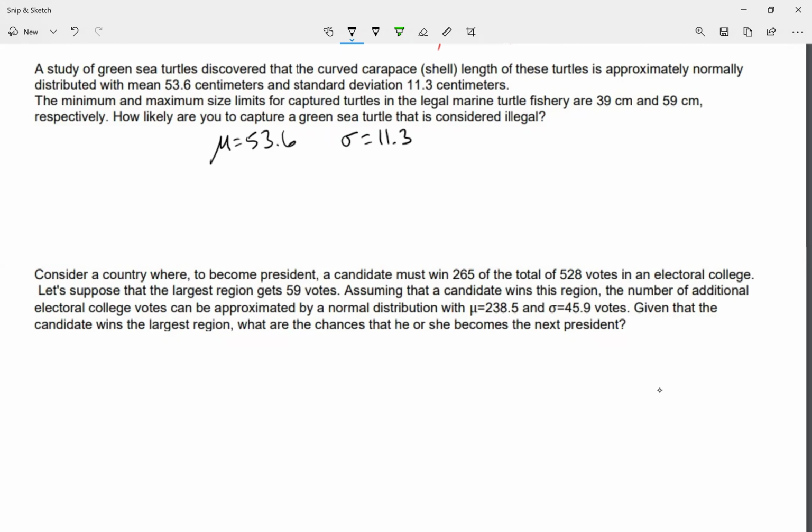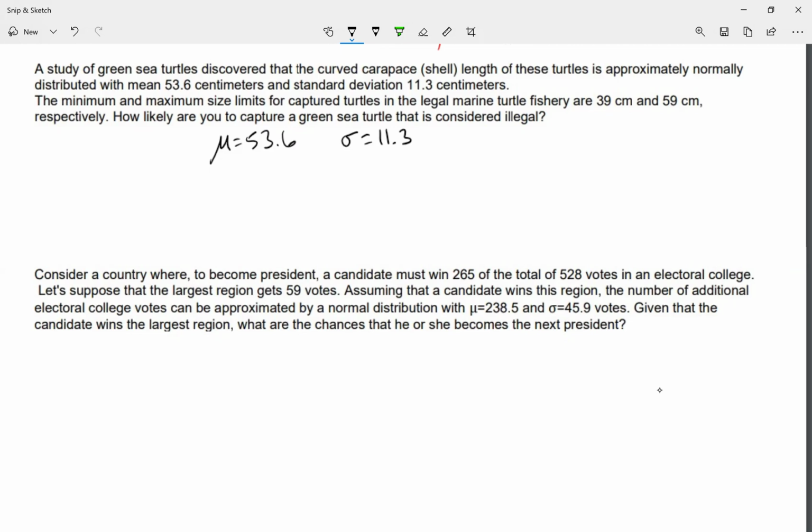The minimum and maximum size limits for captured turtles in the legal marine turtle fishery are 39 centimeters and 59 centimeters, respectively. So 39 is the smallest that I can catch, and 59 is the biggest that I can catch in order for this to be legal.